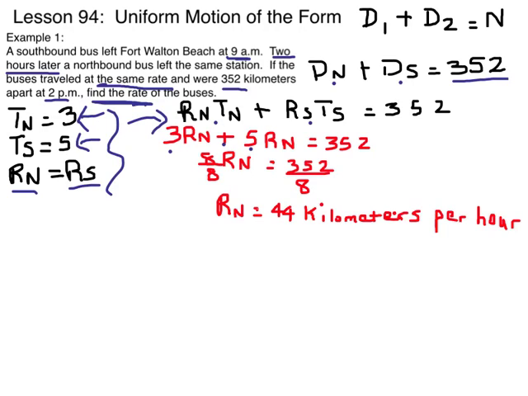When we add our like terms, we get 8 Rn is equal to 352. And then if we divide by 8 on both sides, we find that the rate of the northbound bus was 44 kilometers per hour, and if that was the rate of the northbound, it's also the rate of the southbound.